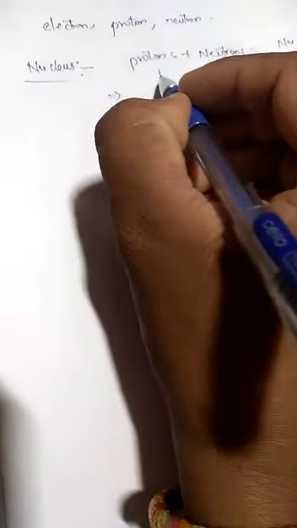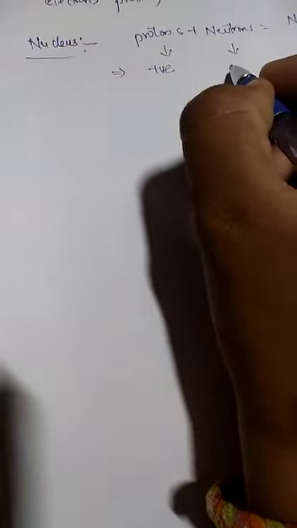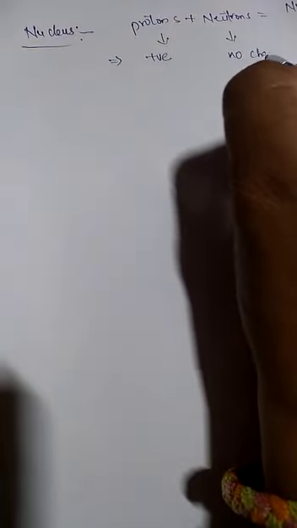So here we know that a proton is a positively charged particle and a neutron has no charge, means neutral. So the nucleus is positively charged. So in the nucleus majorly protons and neutrons are present.